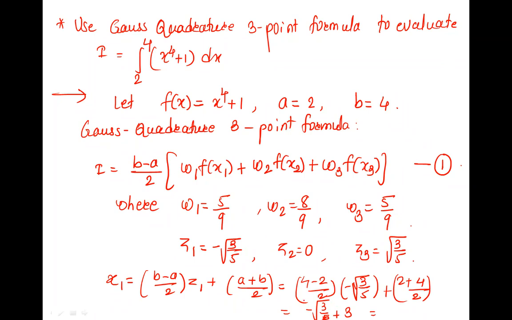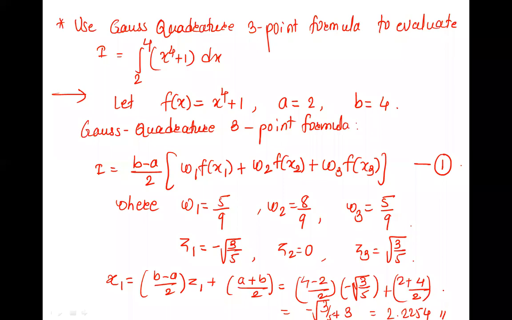Get the value in points. 2.2254. Correct? Good.